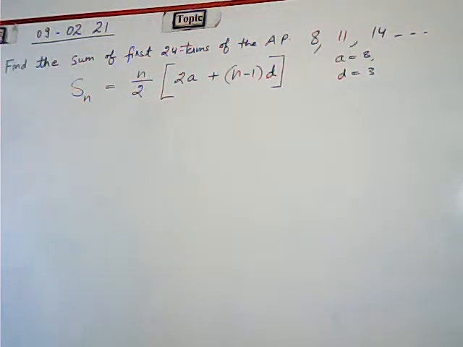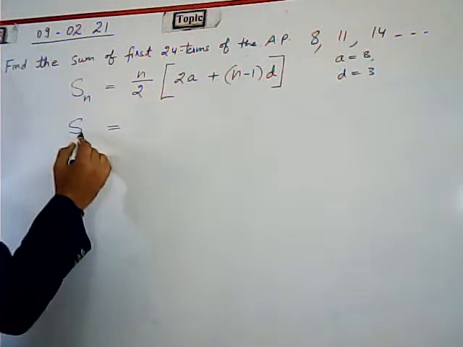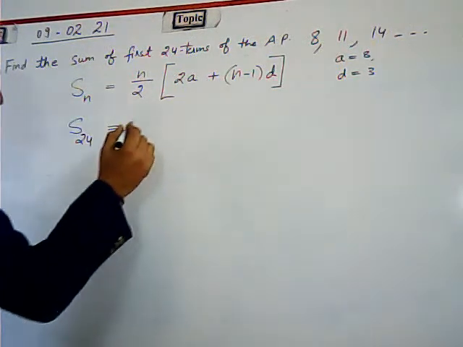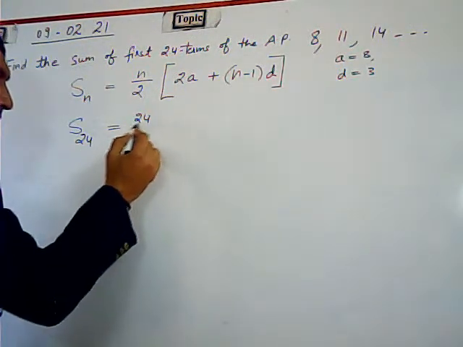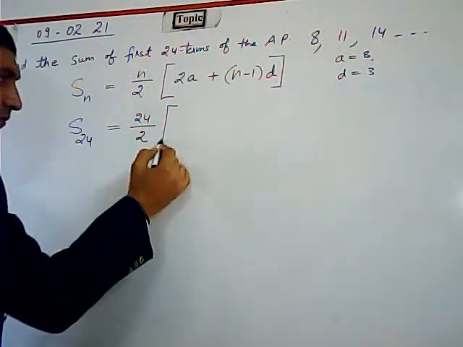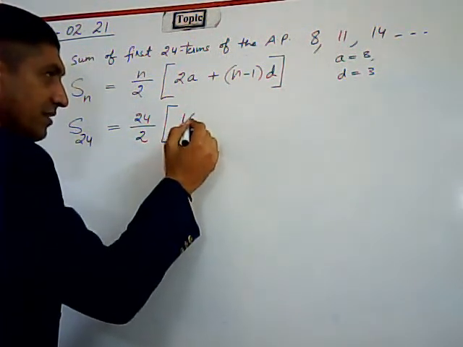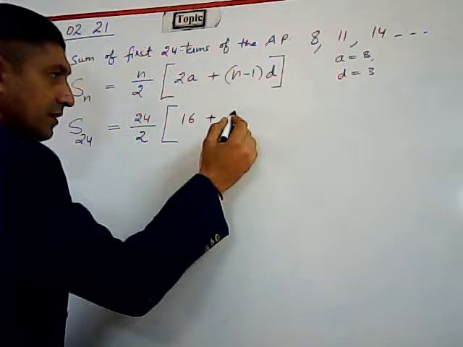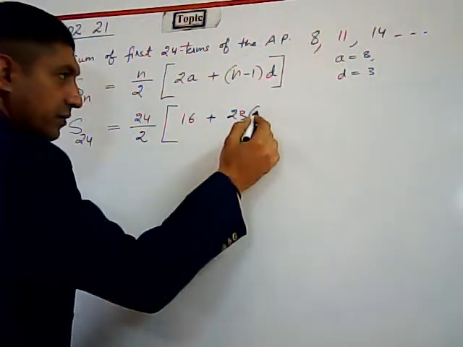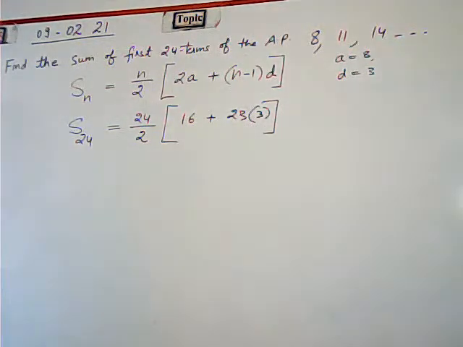Substituting the values, n is 24, sum of 24 terms, 24 by 2, 2a that is 16, plus 23, d is 3.